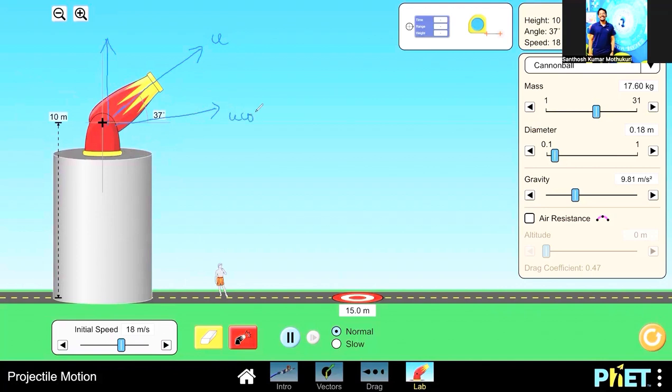So this is u cos theta and this is u sin theta, correct? Now what will happen if I move the projectile lower than the horizontal, somewhere here? Let's say I am moving it to 20 degrees and I am not changing the initial velocity, which is 18 meters per second.